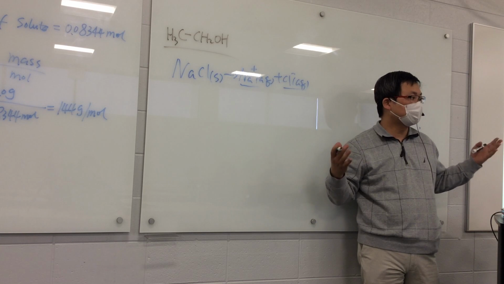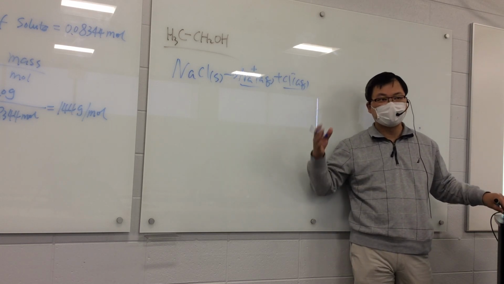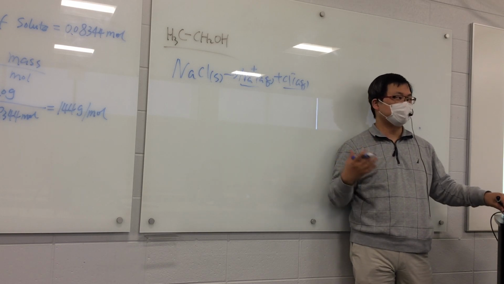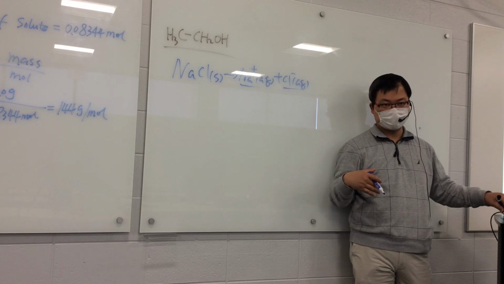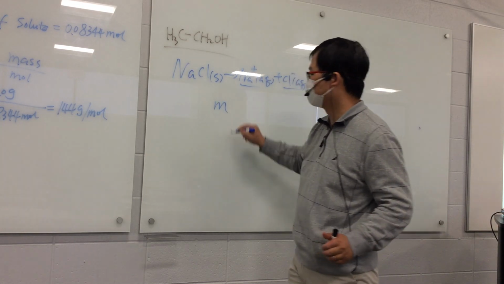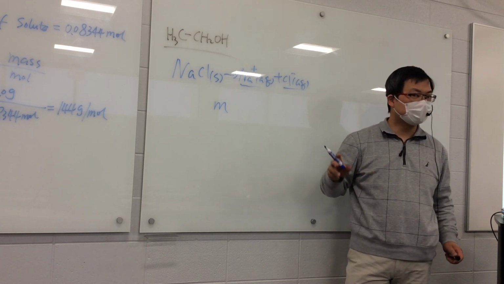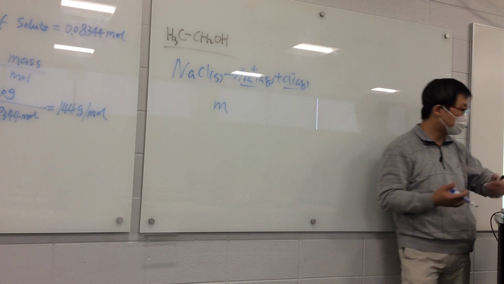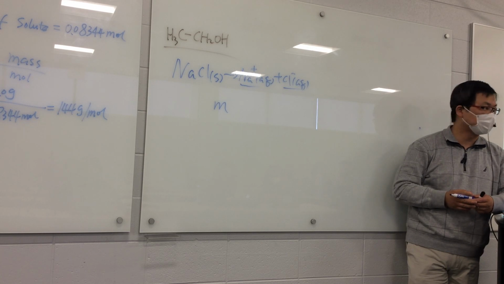So 1 mole of sodium chloride, when dissolved in water, can dissociate to form 2 moles of ions. Then the molarity doubles compared to 1 mole of glucose.